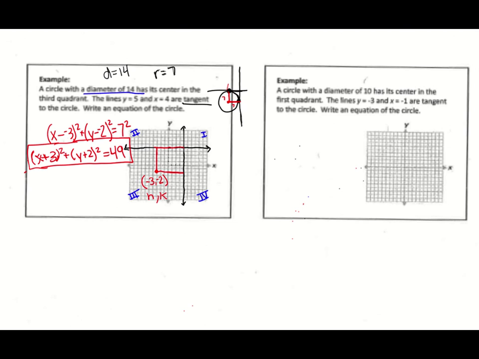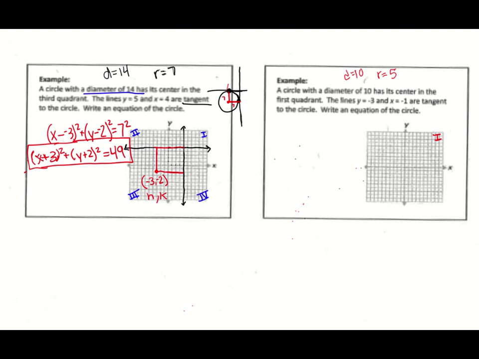Okay, our last example. A circle with a diameter of 10. So if the diameter equals 10, right away that tells me my radius is going to be half of 10, which is 5. Has a center in the first quadrant. So first quadrant, it's going to be in here.